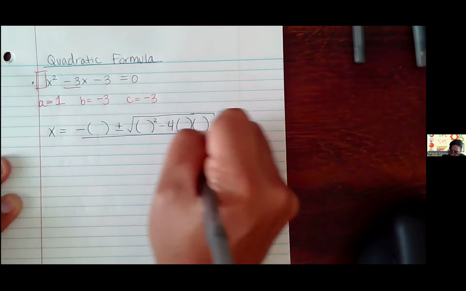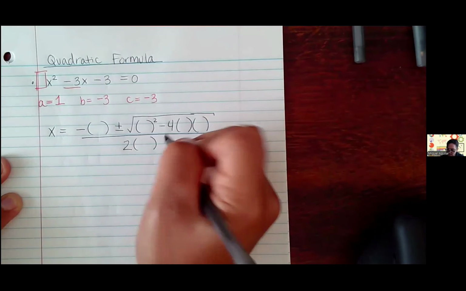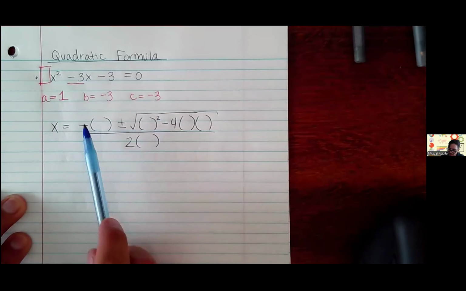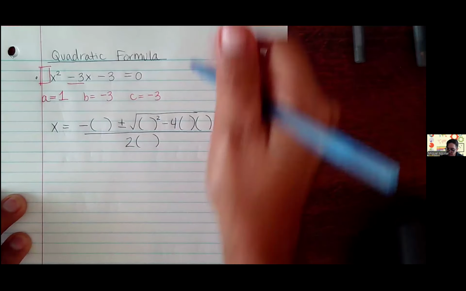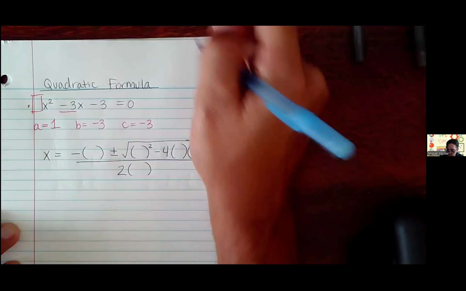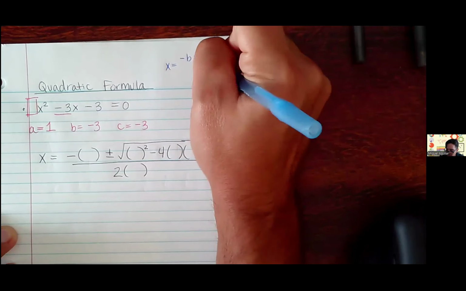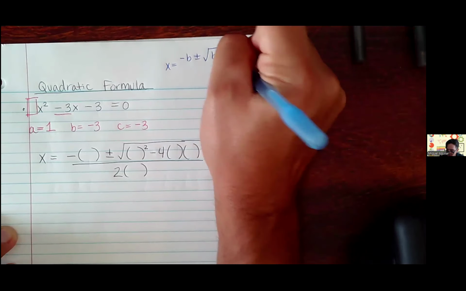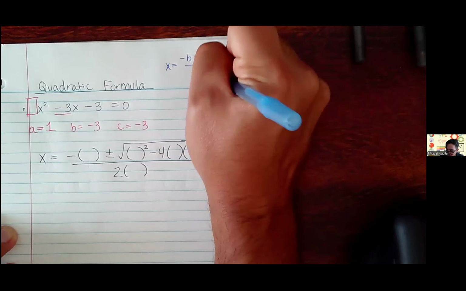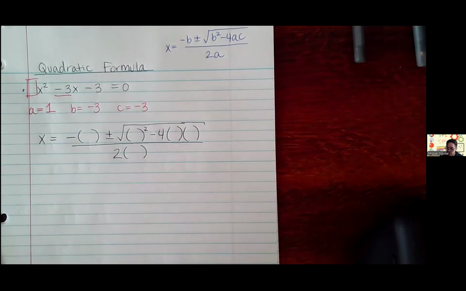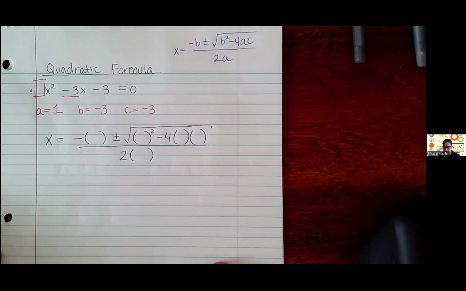All of that is over 2 times a, okay? So I'm setting up my quadratic formula by putting a blank set of parentheses everywhere that I have a variable. If you need to see that formula again, it's right here. X is equal to negative b plus or minus the square root of b squared minus 4ac all over 2a. Okay, kind of a big thing. It will be really helpful to memorize that, but if you don't memorize it, you can always put it on your note sheet when it comes to the test.